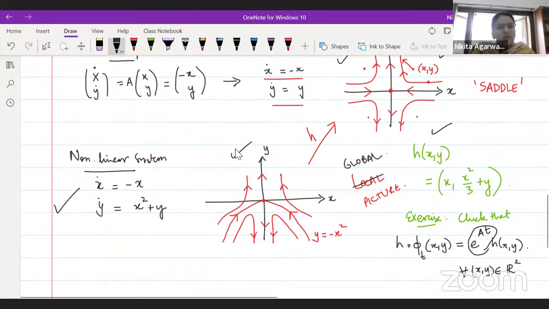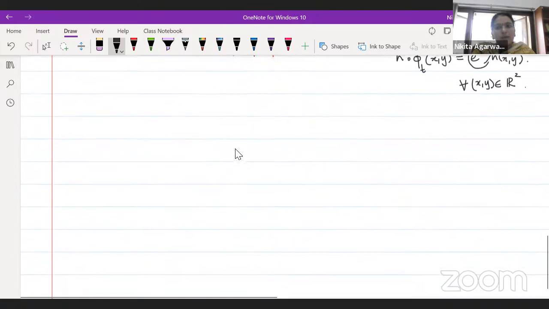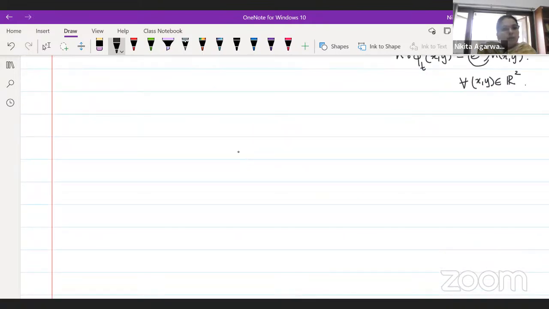So this is about this example, but let me also tell you that this hyperbolicity of A, which is the Jacobian matrix, is required. Okay.